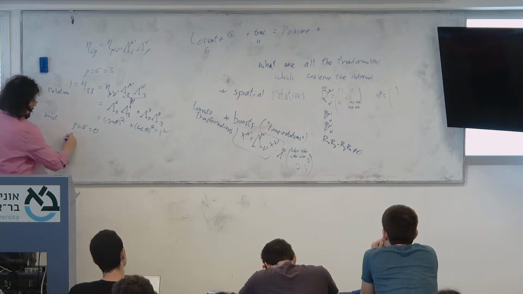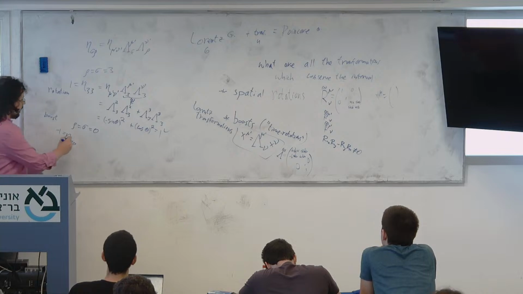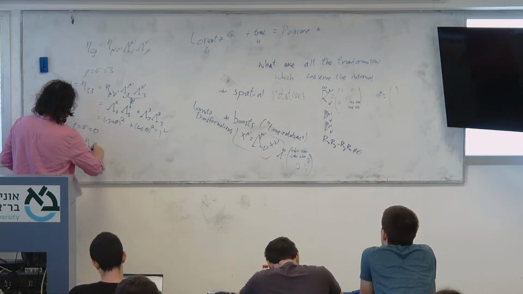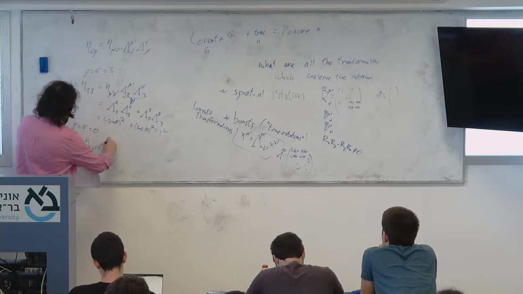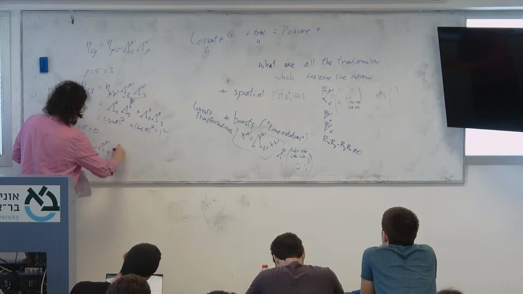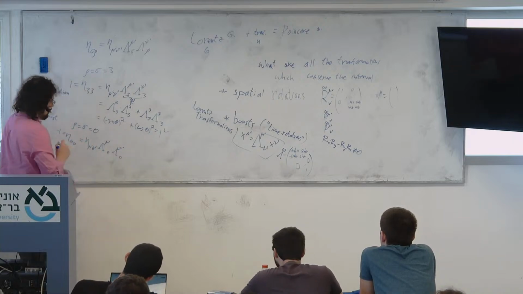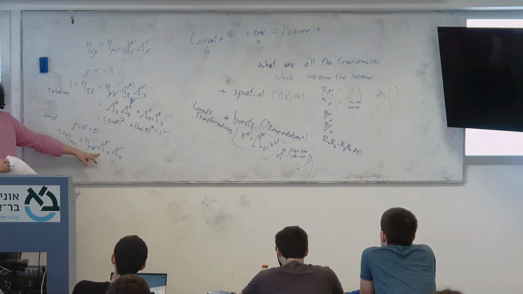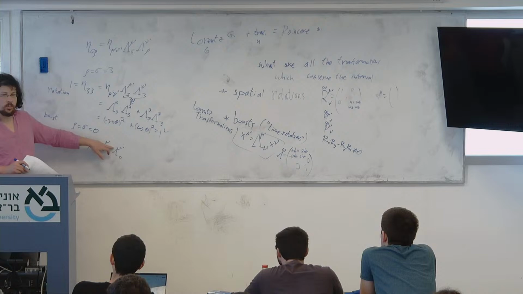Let's look now at rho equals sigma equals 0. So I want eta 0,0 to be -1. And by definition, this is going to be eta mu prime nu prime, lambda mu prime 0, lambda nu prime 0. Which of these can be non-zero? This of course is diagonal, so mu prime has to be equal to nu prime.